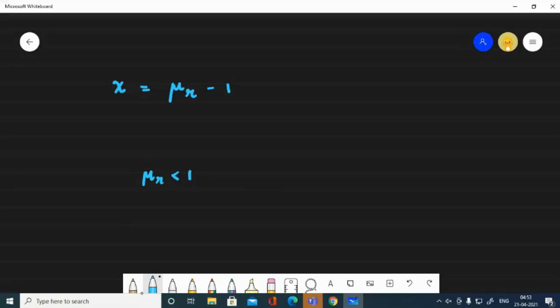Mu r less than 1, chi has a slightly negative value; mu r slightly greater than 1, and chi has a small positive value; whereas mu r and chi are large and positive. These are the three possibilities.